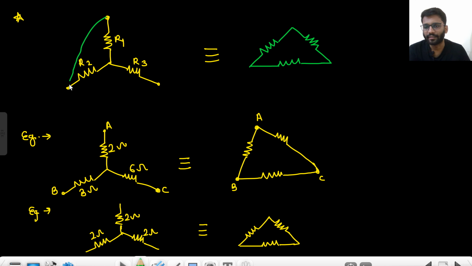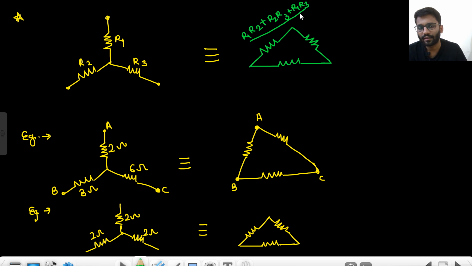At this point, what will be the value? R1 R2 plus R2 R3 plus R1 R3 divided by R3, right?